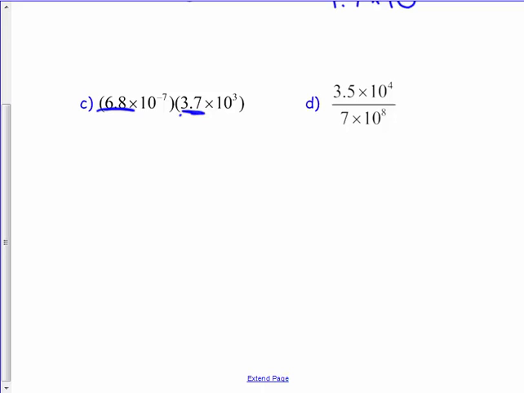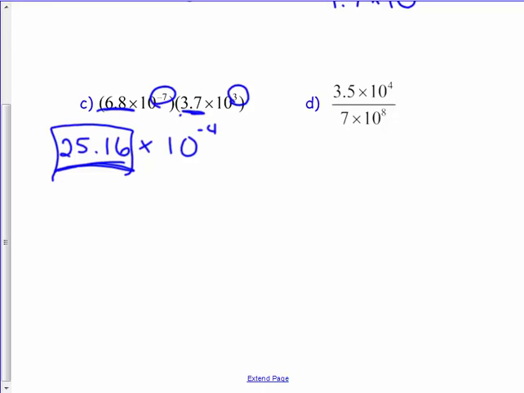The last two in C and D here. So in C, when I multiply these together, I get 25.16 times 10. I'm going to do the same thing, add them together to the negative 4. Problem is this, 25.16 is not in scientific notation, so I'm going to change it. 2.516 times 10 to the first.